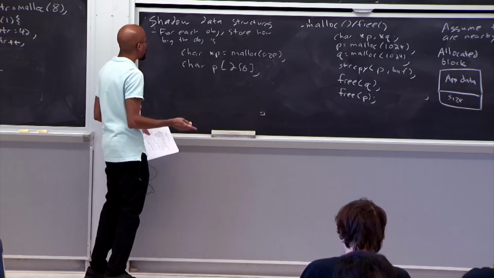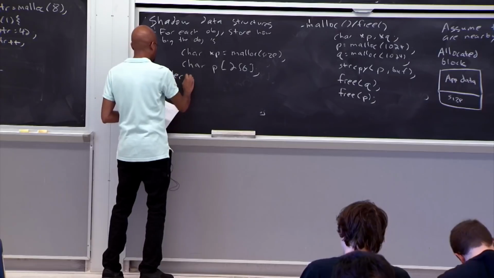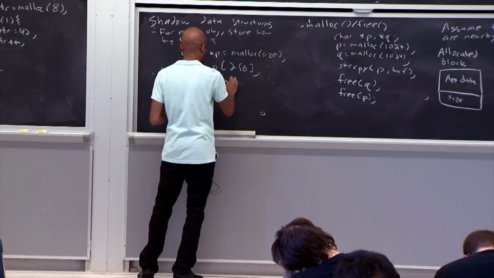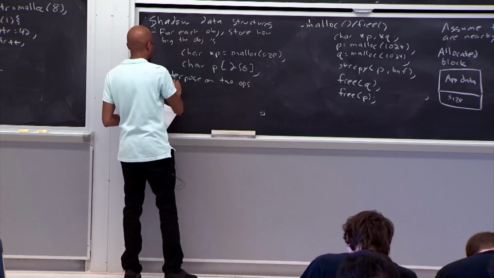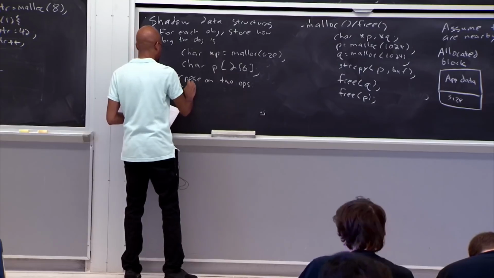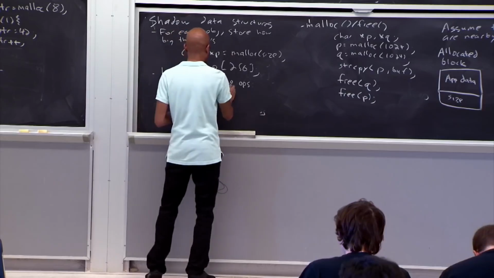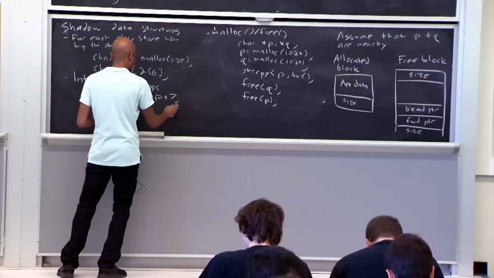So for each one of these pointers, we need to interpose somehow on 2 operations. Basically, we need to interpose on arithmetic, so this is things like q equals p plus 7, or whatever.